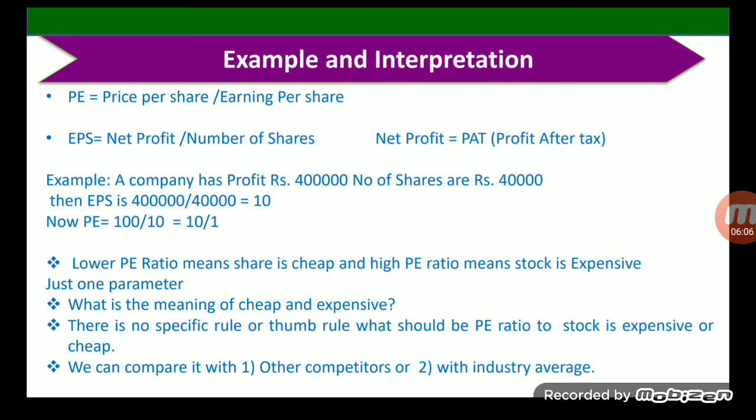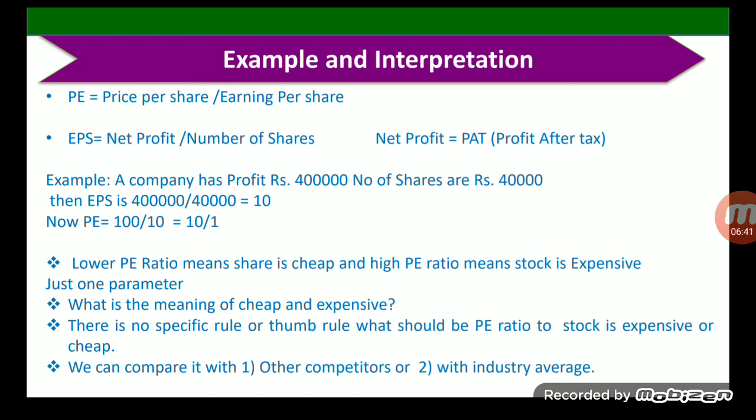This means that to earn 1 rupee, the investor or buyer of the particular stock is ready to pay 10 rupees, a 10 times price. So it shows that the investor is ready to pay 10 times more than earning per share for that particular stock. So lower P ratio means share is cheap, and high P ratio means stock is expensive.